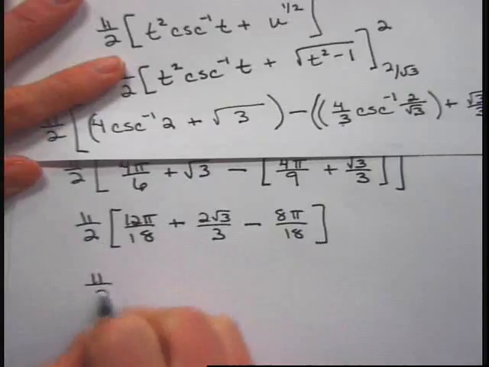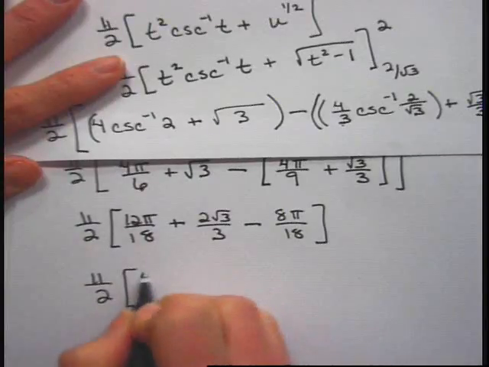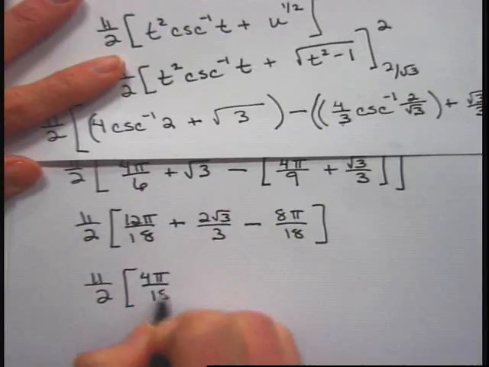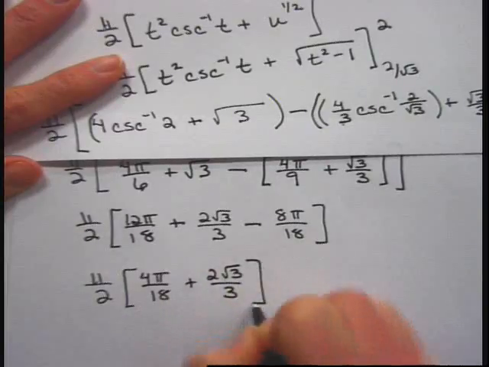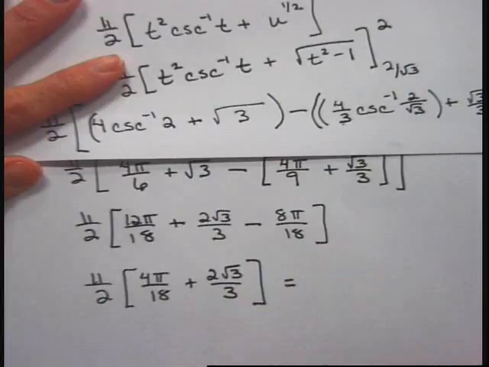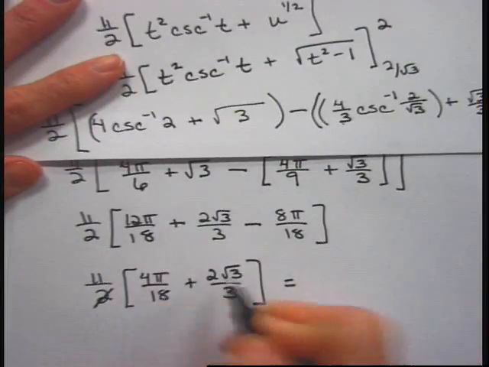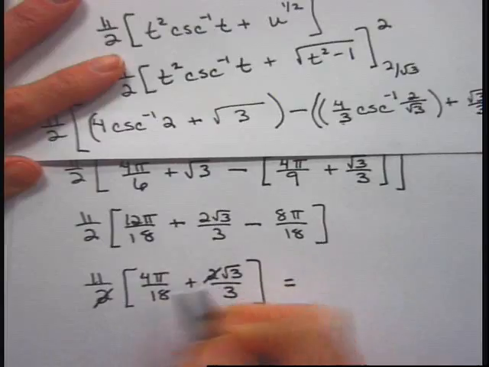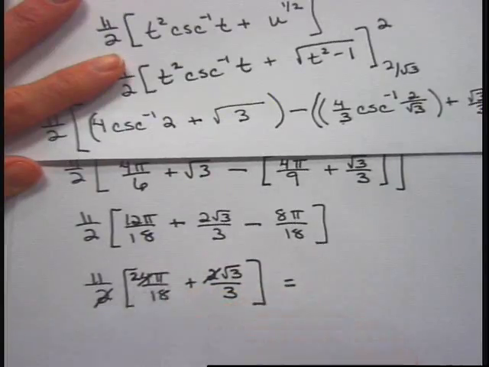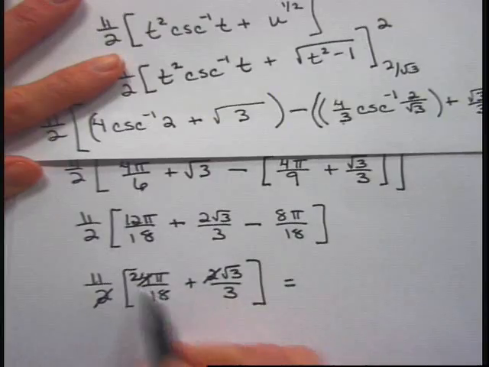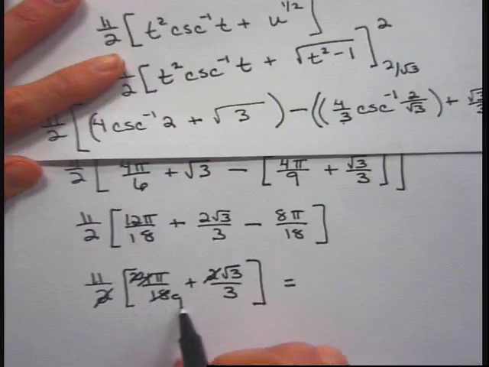So this is 11 halves times 4 pi over 18 plus 2 square roots of 3 over 3. 2 goes into both of them. It goes into this one 2 times, and that goes in that 9 times.